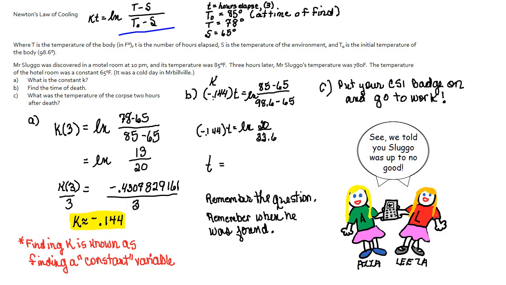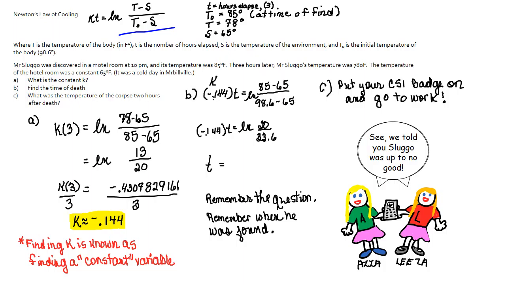So the first thing we have to do is find the constant. Because the surrounding area temperature is the variable here, we have to find what kind of scale is happening. That's k. Finding k is known as finding a constant variable within certain conditions. Therefore, it will work if those conditions are kept the same.